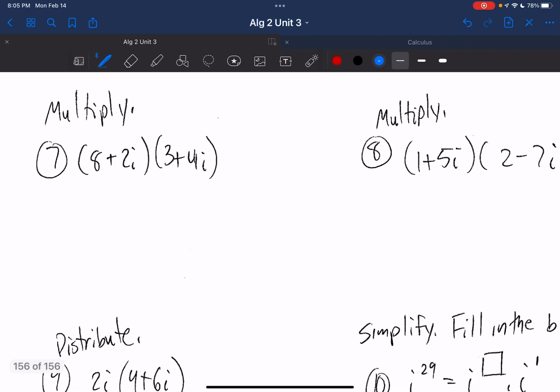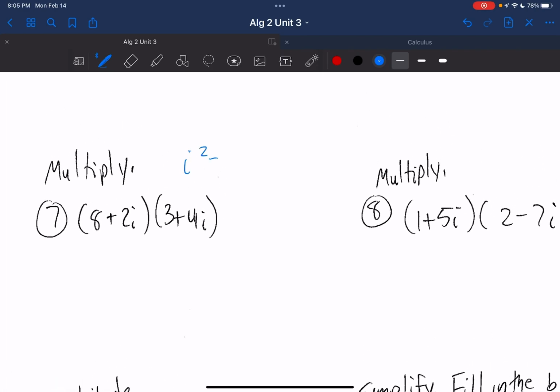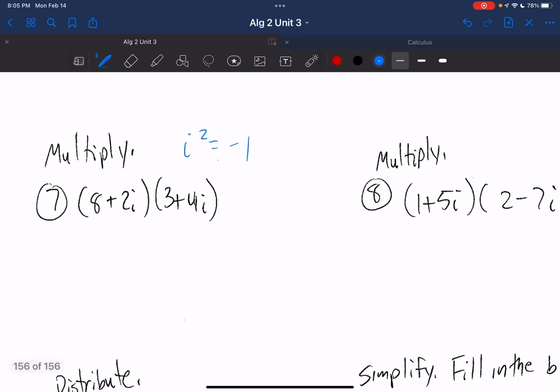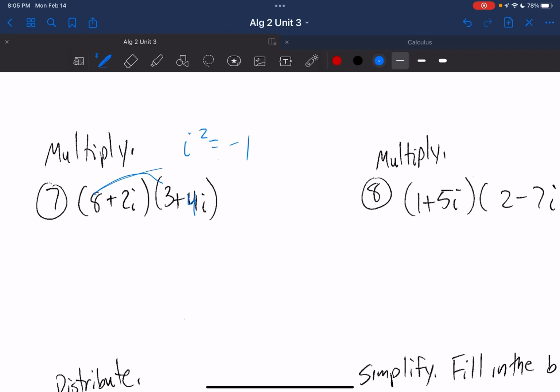Okay, now we're multiplying. We have to remember that i squared is negative 1. That's supposed to be a 4. We just do first, outside, inside, last, like we've done a whole bunch of times. 24 plus 32i, and then 6i and 8i squared.